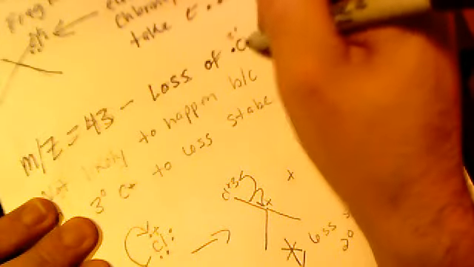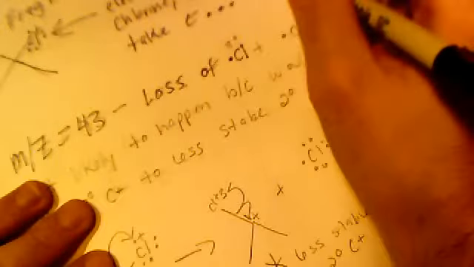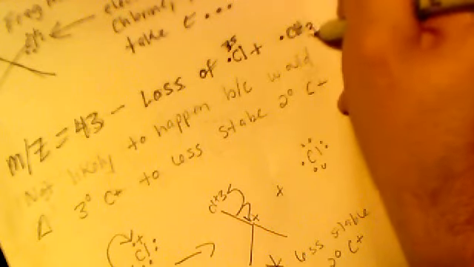MZ equals 43. So that means we lose a chlorine 35 neutral radical plus a neutral methyl radical.